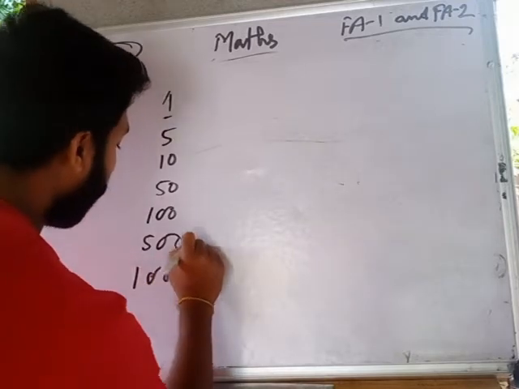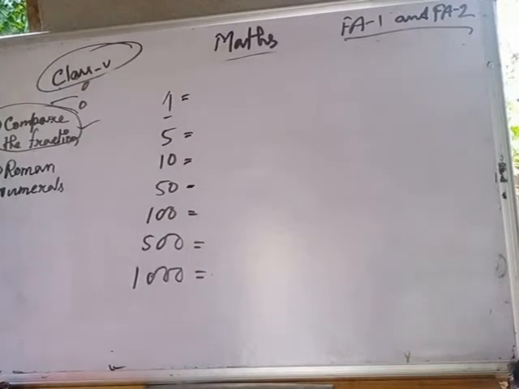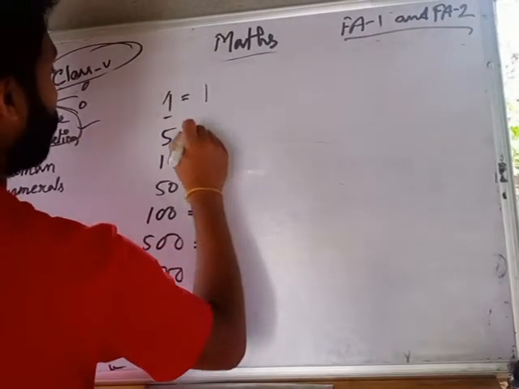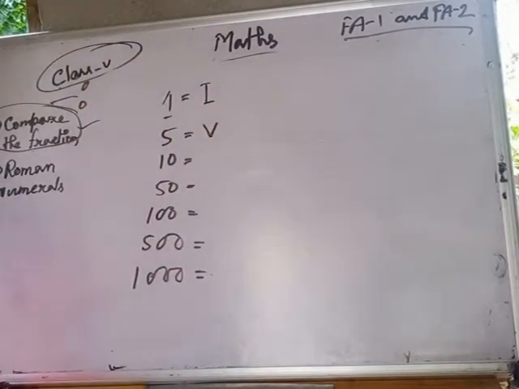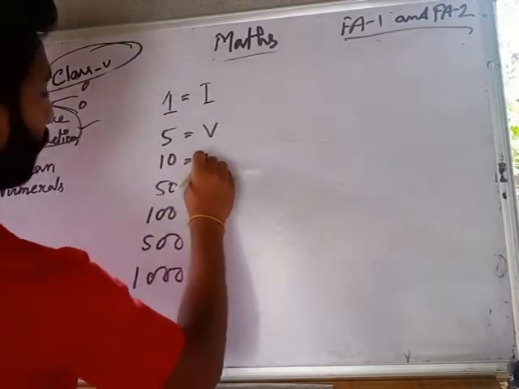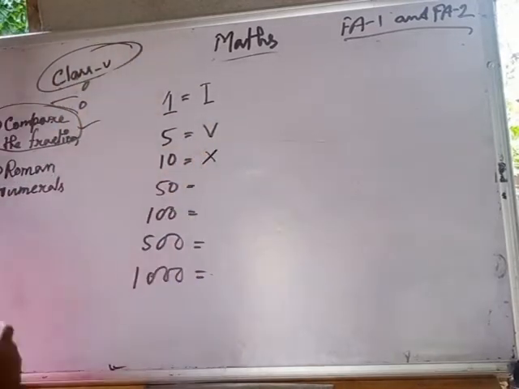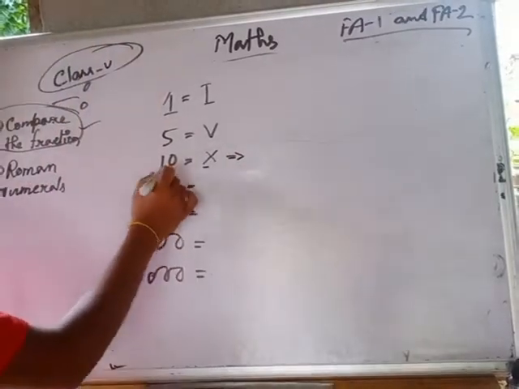If you know about these symbols, then you will know how to write the Roman numerals. Okay, 1 is just I. This symbol is 5 in our Hindu Arabic number system. 10 is X. This one is the Roman numeral sign of 10.